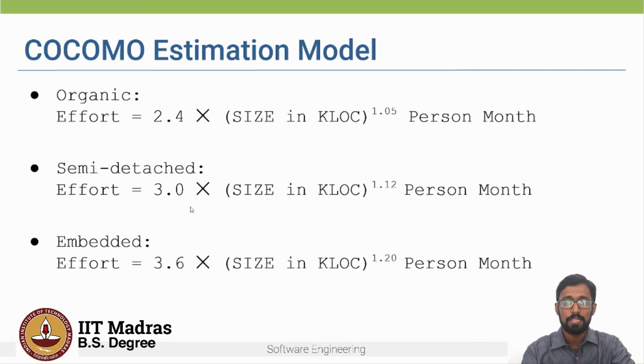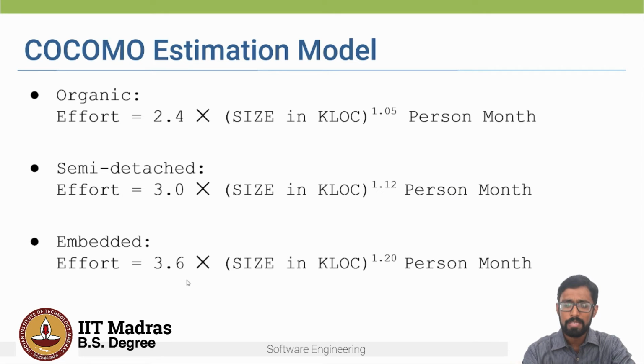So you can see that the values of the constants A and B are based on the type of project, right? For organic projects, the values are the least: 2.4 and 1.05, and it is highest for embedded projects.